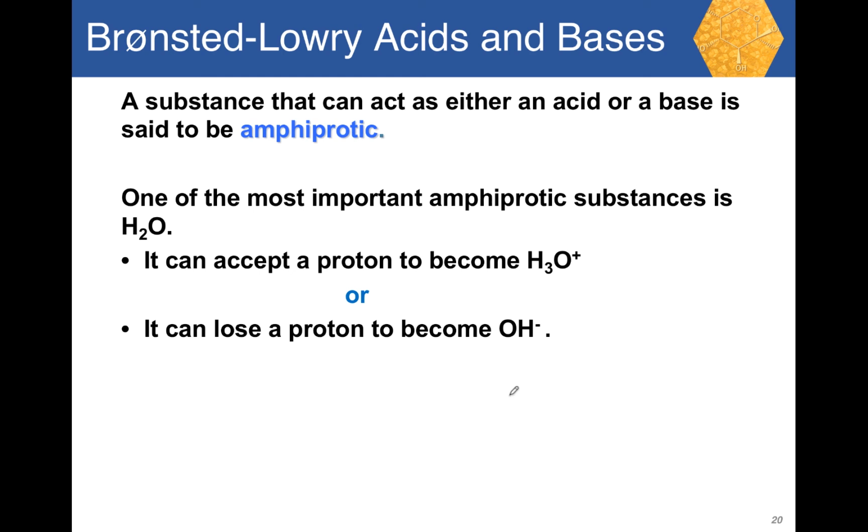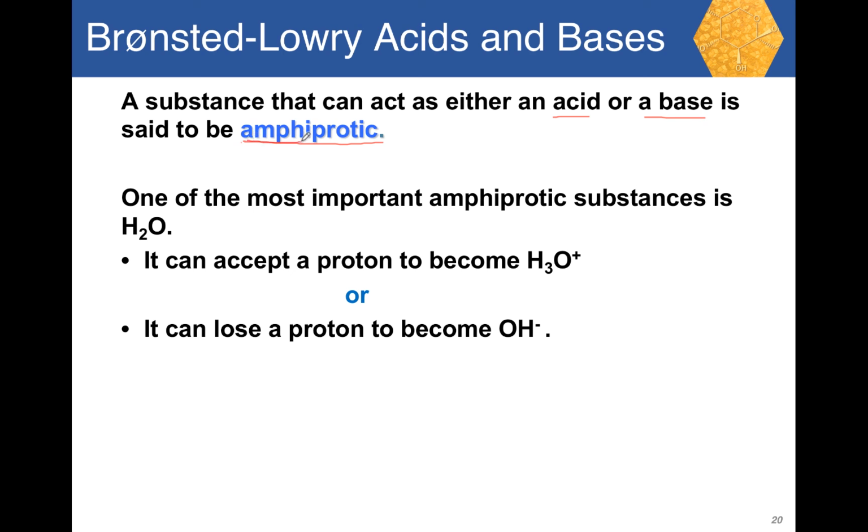So as a summary for this part of the lecture, a substance that can act as either an acid or a base is called amphiprotic, as we saw with the carbonate, because it can give up a proton and it can accept a proton.